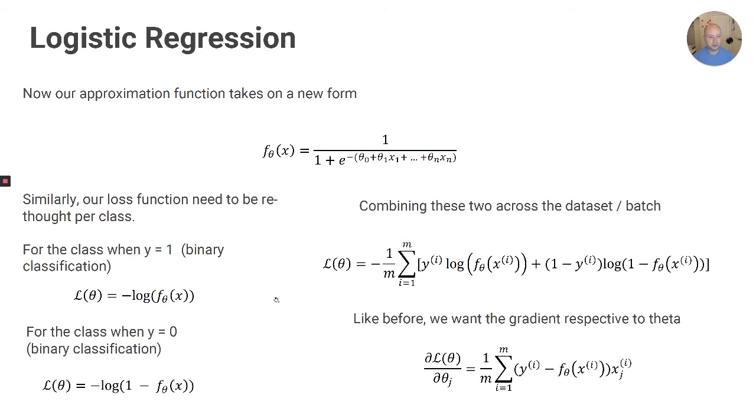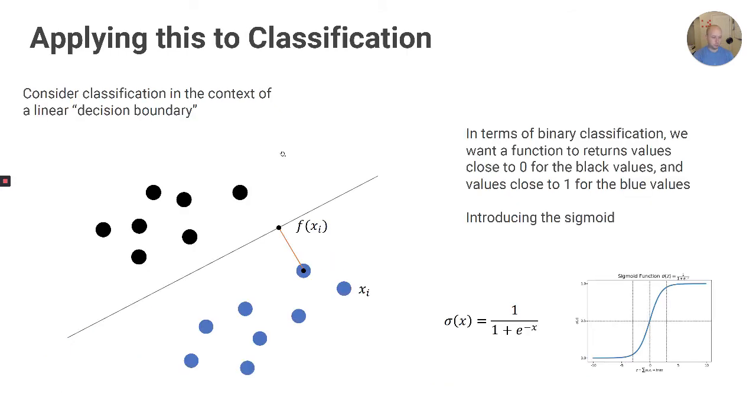Sorry, I always forget how to explain this well. Okay, so remember that f of x here is going to saturate at 1 or go to 0. And so log, as you get closer to 0, you're getting closer to infinity, and as you're getting closer to 1, you're getting closer to 0.